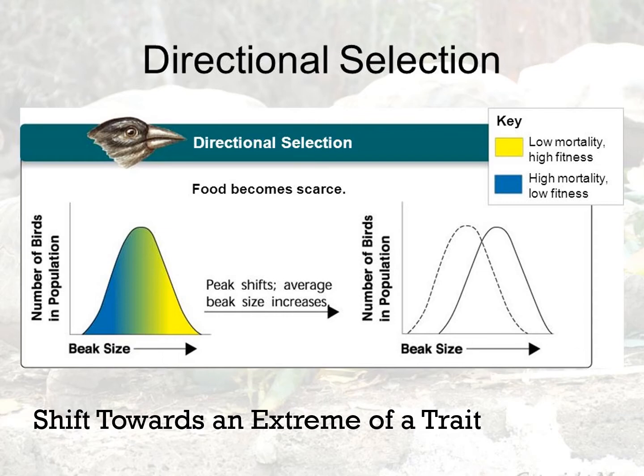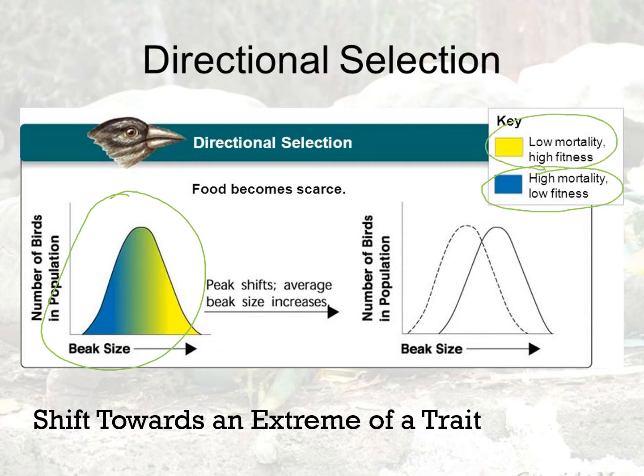Okay, so first we're going to talk about directional selection. So you can see on the left here, we have the original distribution of the population for the trait of beak size. This key says that high mortality and low fitness is blue, and then low mortality, high fitness is yellow.